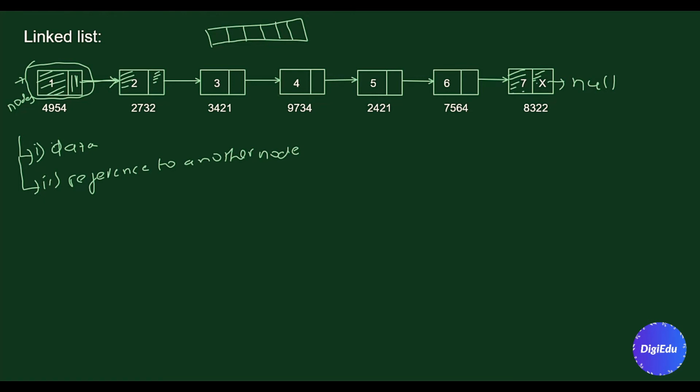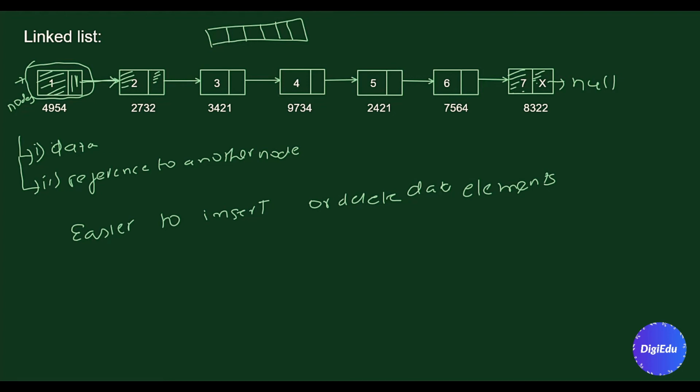So the advantage of a linked list is that it is easier to insert or delete data elements. It's very easy to insert a new value or delete an element from a linked list.